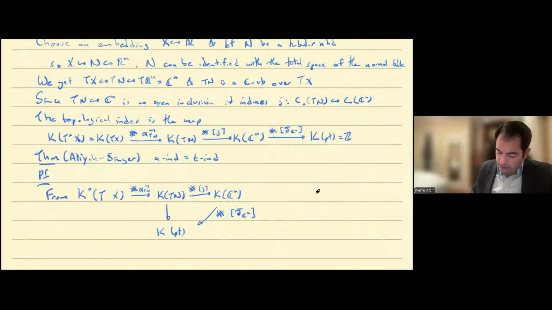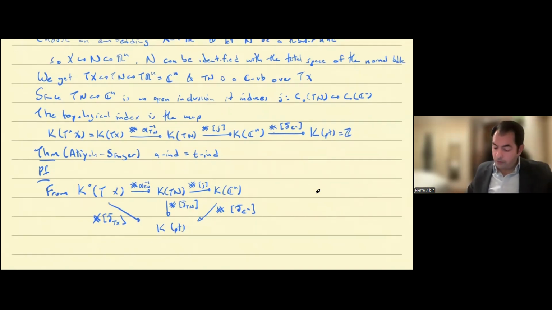So we can fill in arrows here with the corresponding Dolbeault operators. And this triangle commutes just because TN into Cn was an open inclusion, so this guy restricts to that guy. And then this triangle commutes because of what we saw about Dolbeault operators when you have a compact space, sorry, a complex space and a complex vector bundle.